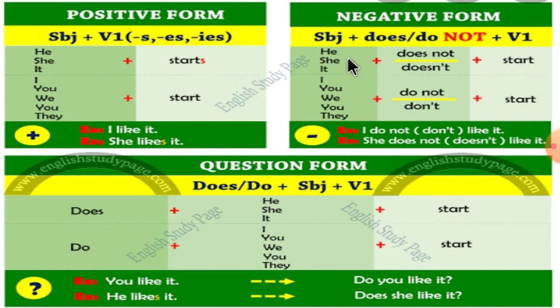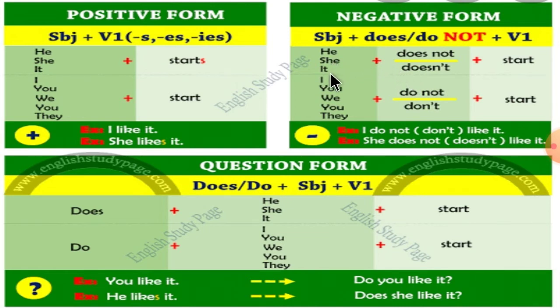So, which thing you need to keep in mind? When you are making a negative sentence with the subjects he, she or it, you have to use does not or the short form doesn't.